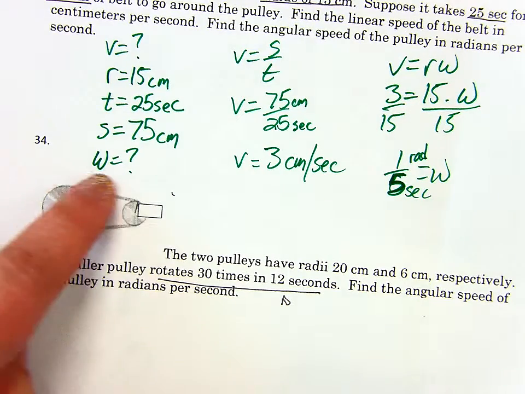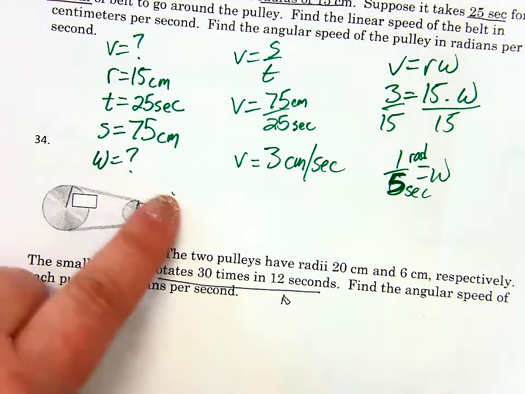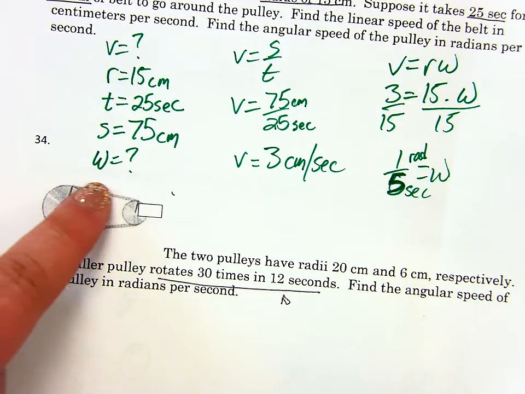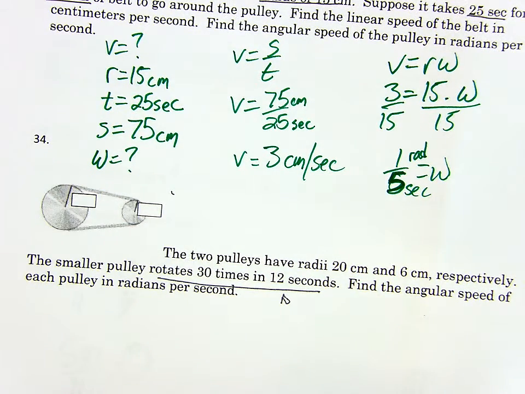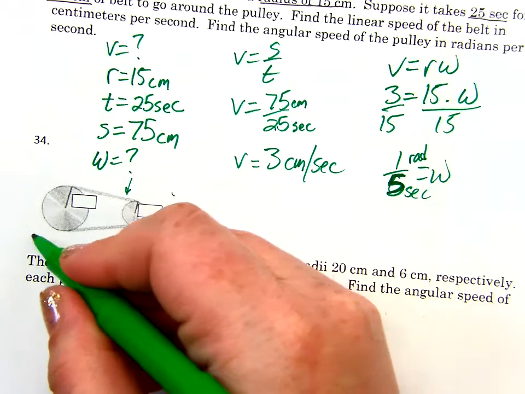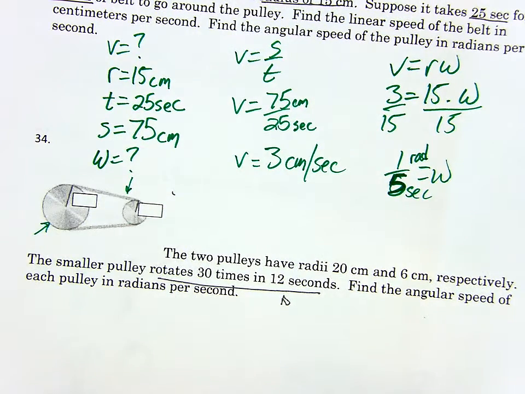So the chain, if you're thinking about your bike, is moving around these 2 pulleys at the same speed, no matter where you check it, right? If I tested the speed of the chain right here versus the speed of the chain right here, it doesn't matter. The speed of the chain is going to be the same. Well, if I'm pedaling at the same rate, the speed of the chain is going to stay consistent.